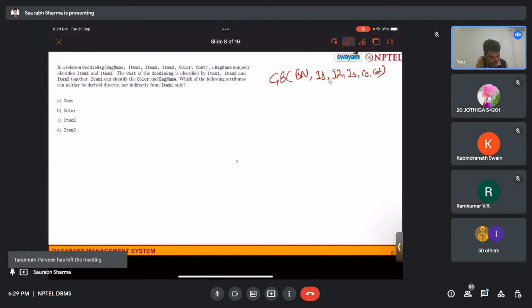What it is telling is that the bag name uniquely identifies item 1 and item 2. So bag name is able to determine item 1 and item 2 uniquely. Next is cost of the goodie bag is identified by item 1, 2 and 3 together.